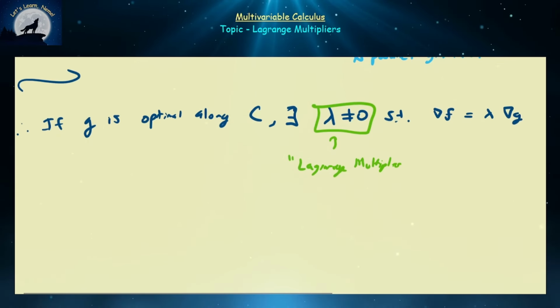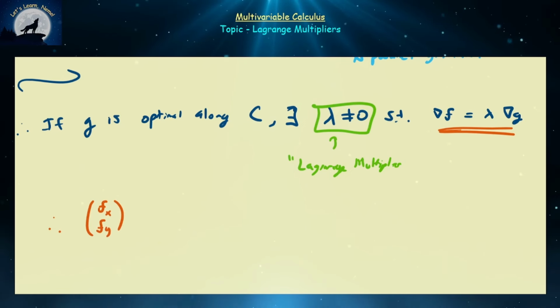So what exactly does this mean? If we look at this equation in a little bit more detail, keep in mind that the gradient of a function is a vector function. So we're going to have fx, fy, the partial derivatives of f with respect to x and y respectively, equal to lambda gx, gy. So if I give you a function f and a constraint g equals c, you can find fx, fy, gx, gy, provided that they're differentiable.